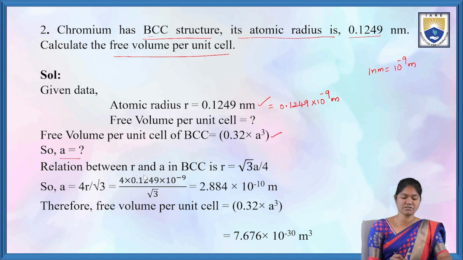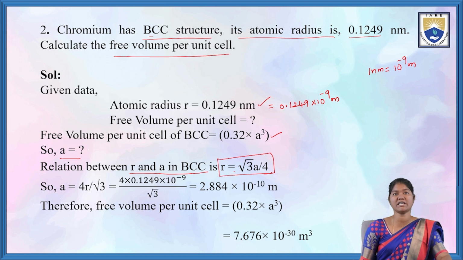From the relation between R and A in BCC, R is equal to root 3 A by 4. So for a body centered cubic crystal structure, the radius R is equal to root 3 A by 4.